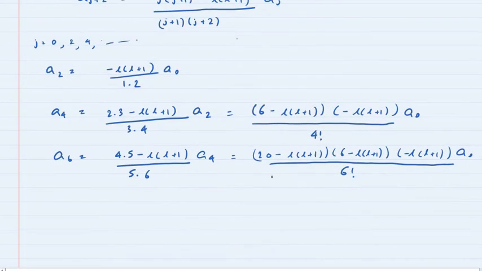So as you can see, when j is equal to 0, 2, 4 and even values like that, we get a series of values which are dependent on a0.